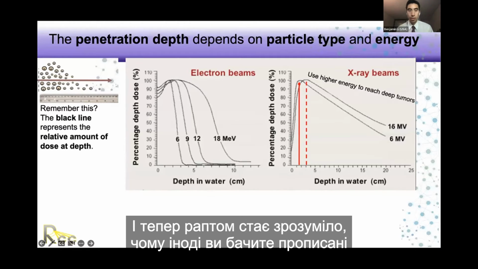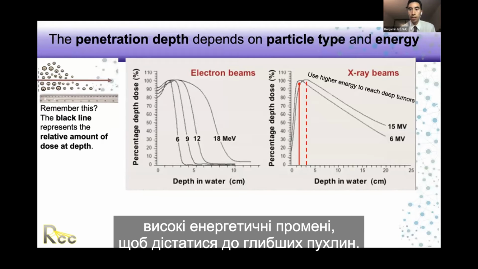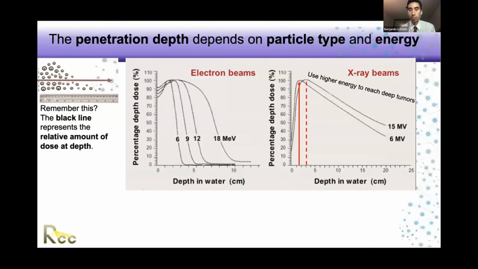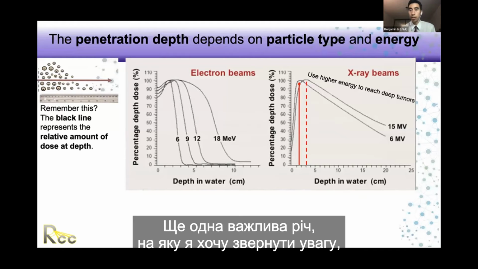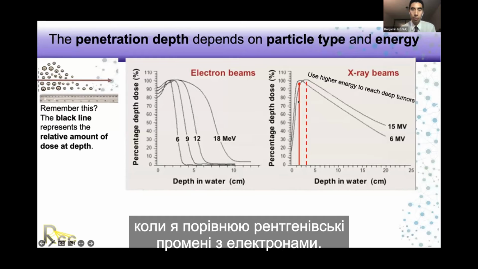And now suddenly this may make sense why sometimes you'll see prescribed different megavoltage energy beams where we use higher energy beams to reach deeper tumors. Another important thing I want to point out here is that these curves look pretty different when I'm comparing X-ray beams versus electrons.